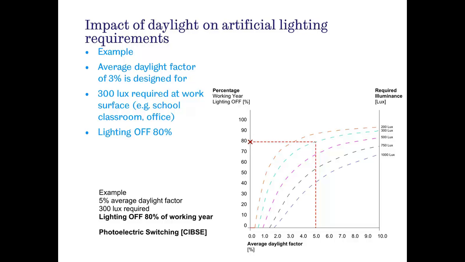That's a huge energy saving. Just imagine if every office building, every classroom, every lab, in all of Europe, say, imagine they were all able to switch their lights off 80% of the year. The electricity burden would be reduced hugely.